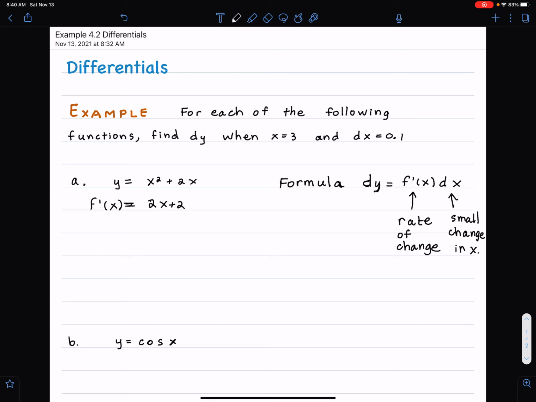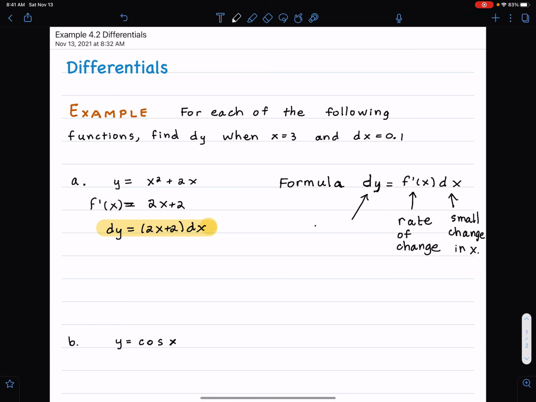And so we just get dy equals parentheses 2x plus 2 dx. It really is just following this formula and not becoming intimidated by trying to understand the meaning, although that's good, but it's not as easy to understand what's going on.